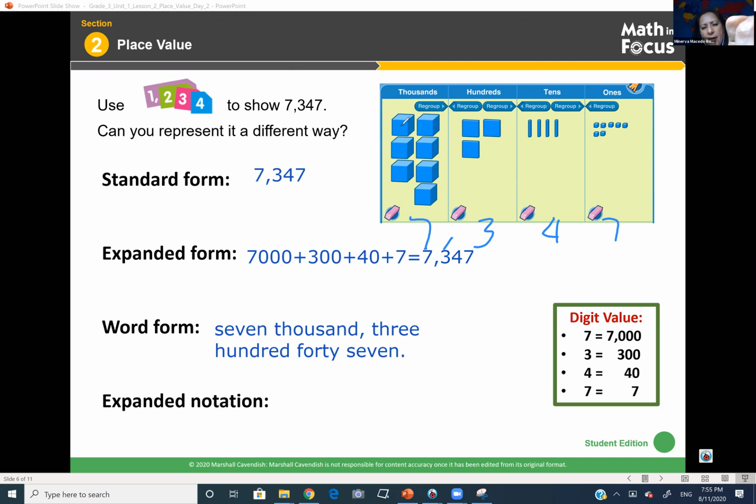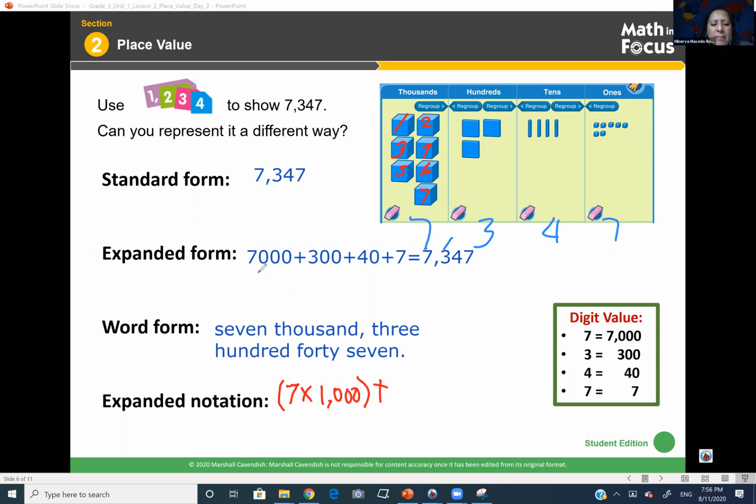Let's first count how many thousands we have: 1, 2, 3, 4, 5, 6, and 7. So the first thing I'm going to do is open parentheses and put that I have 7,000 cubes. Now I'm going to put the multiplication symbol, and because the value of each 1,000 cube is 1,000, I'm going to write 1,000 here. Then I'm going to add.